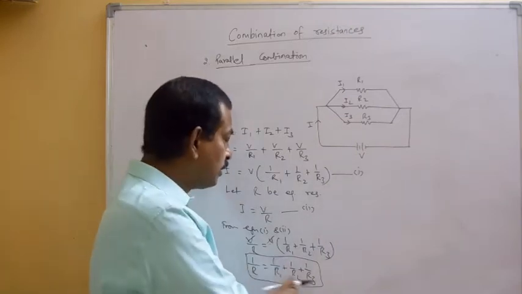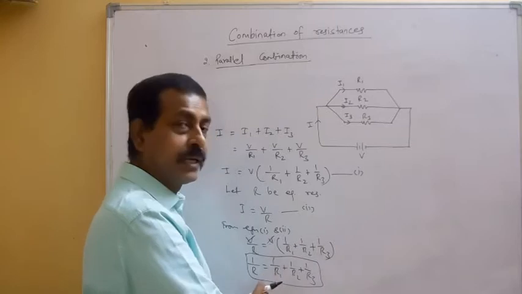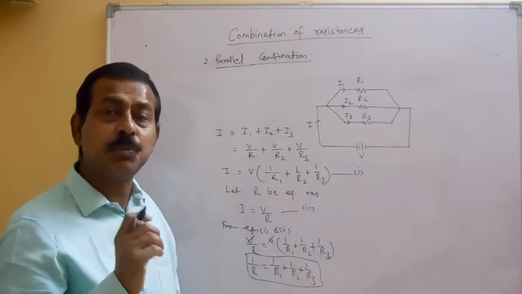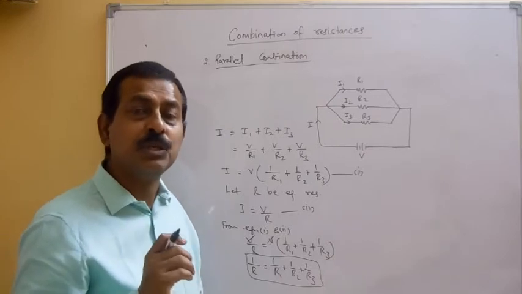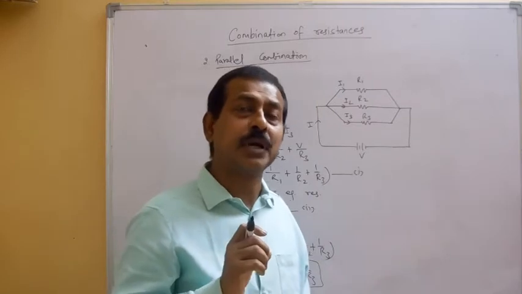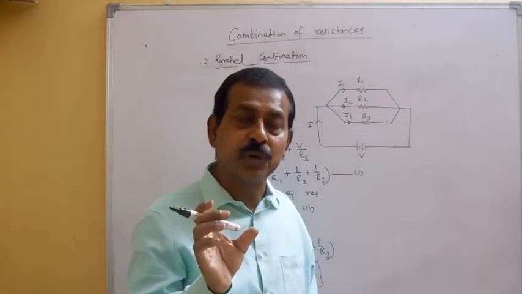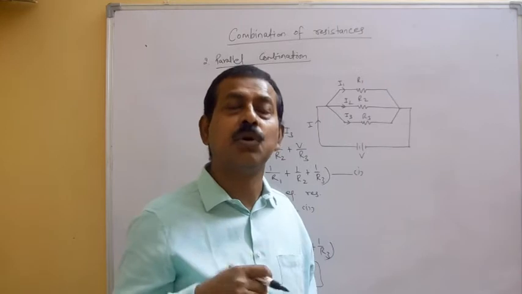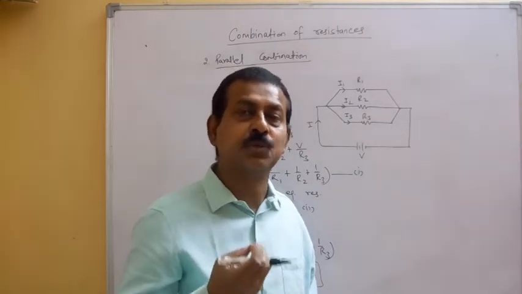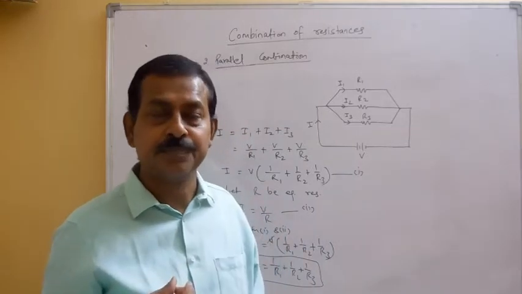Remember, whatever terms are there on the right hand side, this is representing 1 by R. It is the reciprocal of equivalent resistance. So if it is asked to find equivalent resistance, don't forget to take the reciprocal of the calculation done on the right hand side so that you can get the equivalent resistance of the given network.